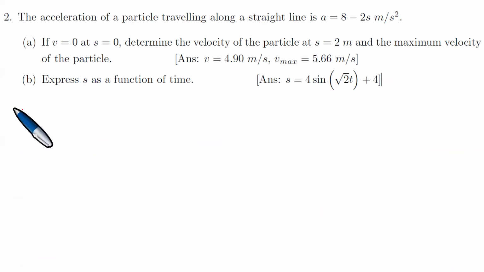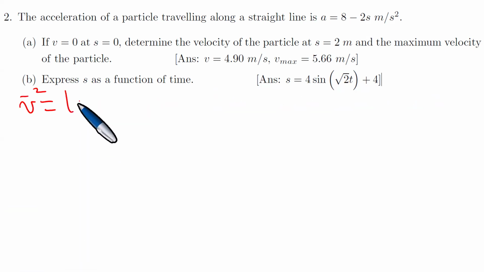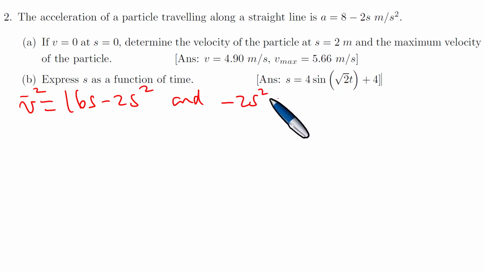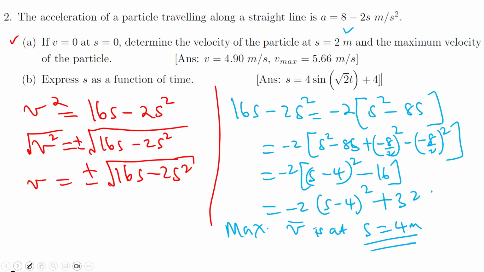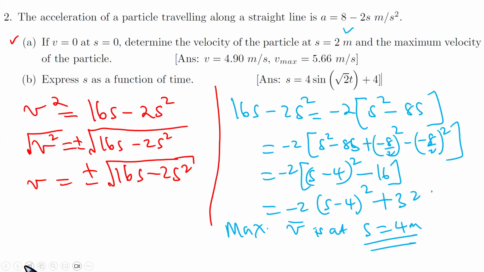In other words, we have v squared, which is exactly 16s minus 2s squared, minus 2 times (s minus 4) squared, plus 32.